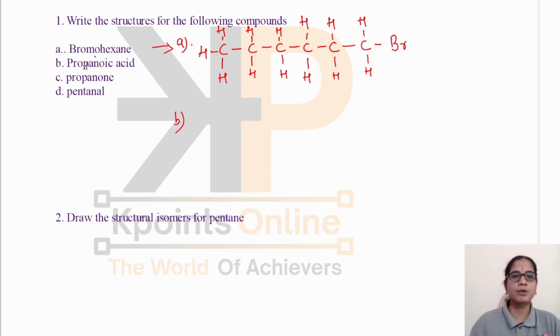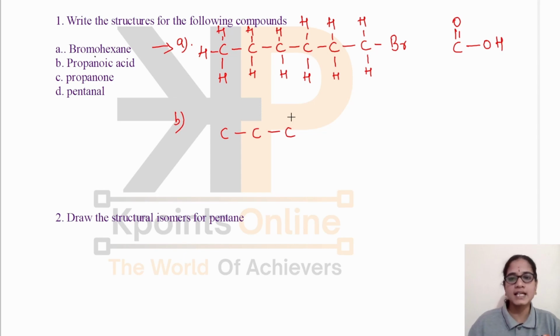For B, propanoic acid. Here prop is given, which means it consists of 3 carbon atoms: 1, 2, 3. Yes, including the functional group, it has 3 carbon atoms. And "oic acid" indicates the functional group is carboxylic acid. What is the carboxylic acid functional group?